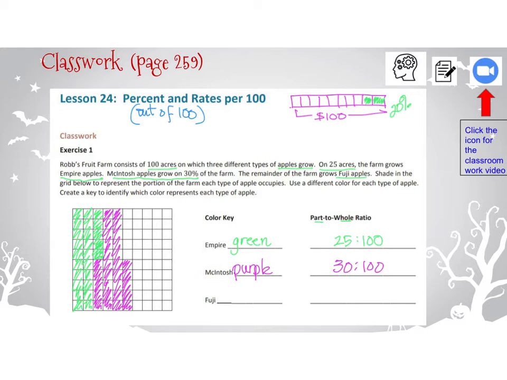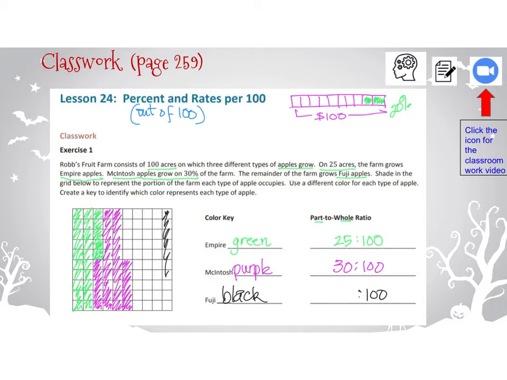Then I'll choose another color, maybe black. They tell me Fuji was, oh, they say the remainder. Well, I know it's going to be out of 100, so I'm just going to count.